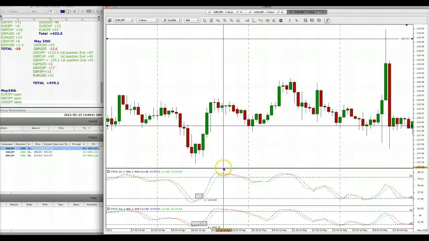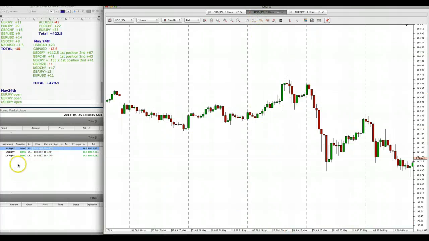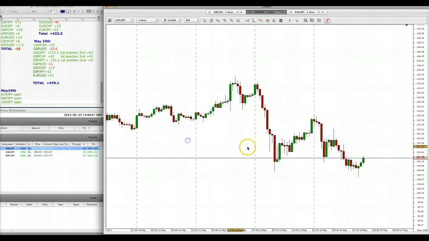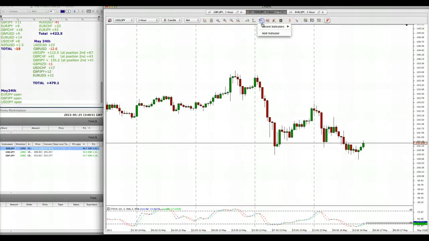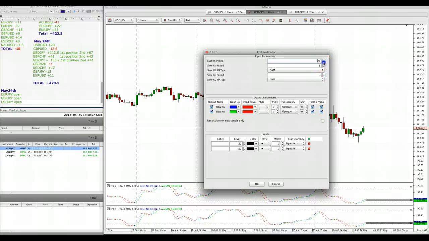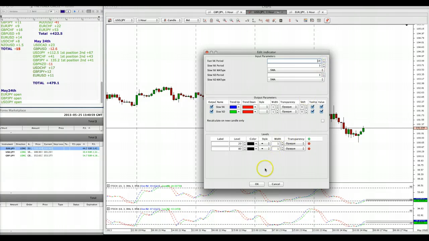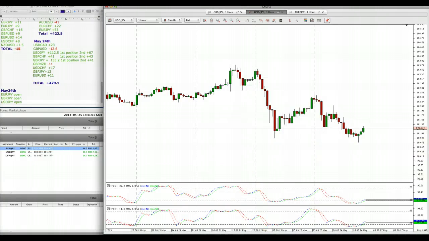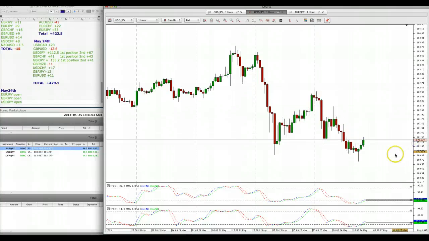Okay. So let's look at the other pairs, the other trades that were taken that you see here on the account. And again, let me just add the indicators. 21 and 14. And here, pretty much mirrored what we saw in the Euro Yen. Stochastics indicators oversold. We have a color change candle.